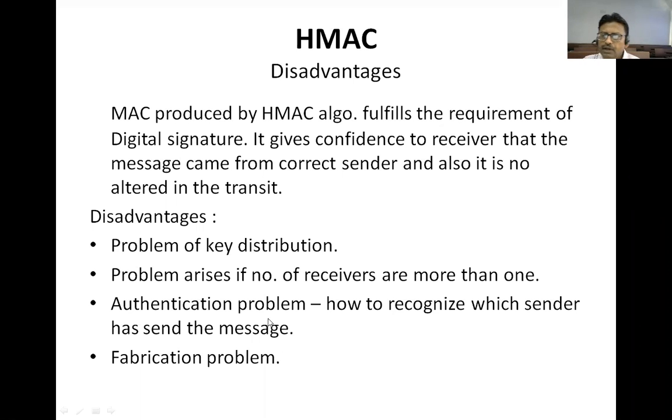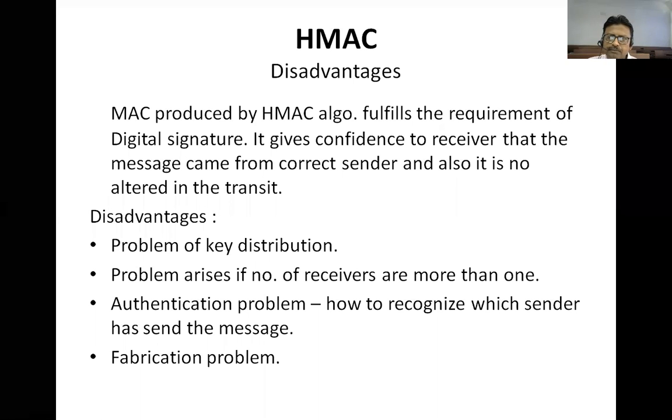Because if a number of users are using the same shared symmetric key, what will happen? Suppose there are A, B, C, D, E. There are 5 users and they are using the same shared symmetric key. And suppose A is the sender and A has sent a message by calculating the HMAC with the help of the encryption process.